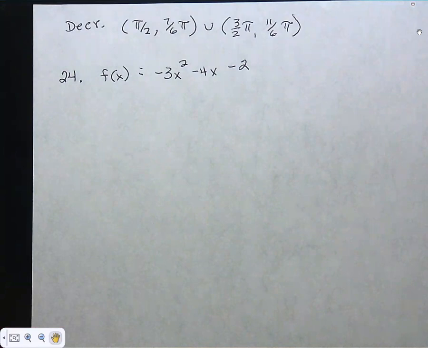A part is find the critical numbers, if any. B is find the open intervals on which the function is increasing or decreasing. And C is apply the first derivative test to identify all relative extrema. I'm just going to say find the relative extrema. You don't need the first derivative test for that. You already have a number line in the B part. And then the D part, using a graphing utility to confirm your results. Please remember to do that on the test.